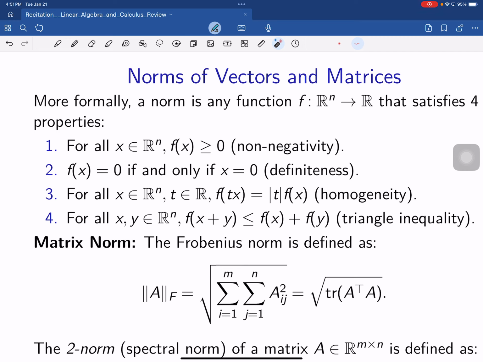And the other thing is the triangle inequality, right? So f(x+y) is less than or equal to f(x) plus f(y), right? So in Euclidean space, this is very intuitive to show, right? If you travel directly from point A to point B, then the length should be less than if you travel first to point C, then to point B, right? Yeah. So that's the intuition.